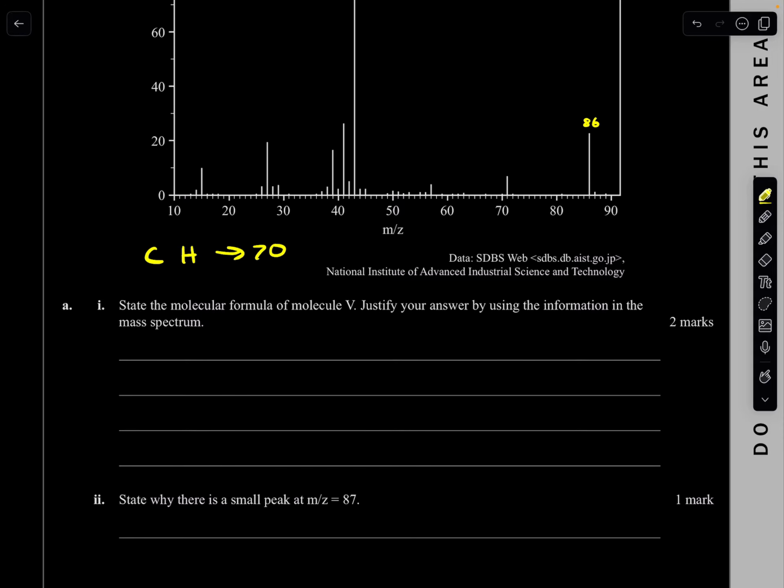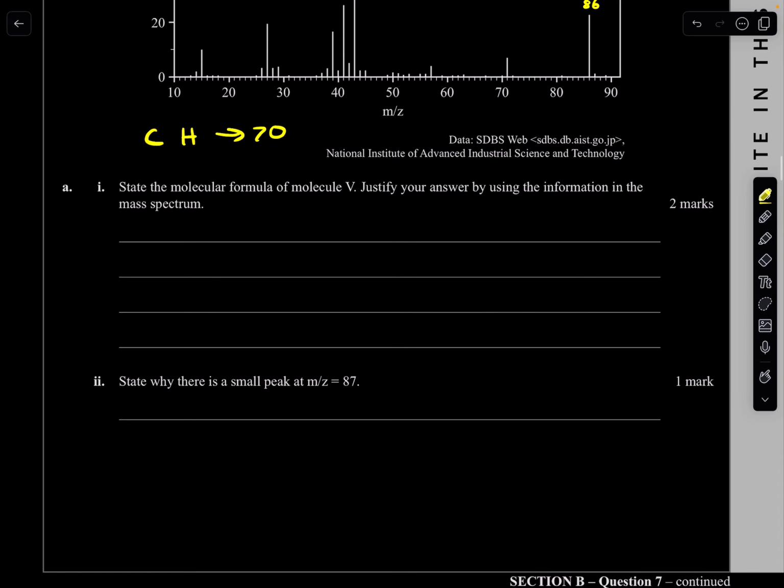The rule for no double bonds is CnH2n+2. Let's say C equals 4. It means H has to be 4 times 2, which is 8, plus 2, which is 10. So 4 times 12 plus 10 is 58. It's still small.